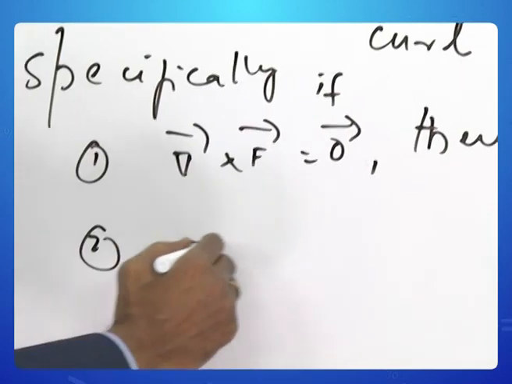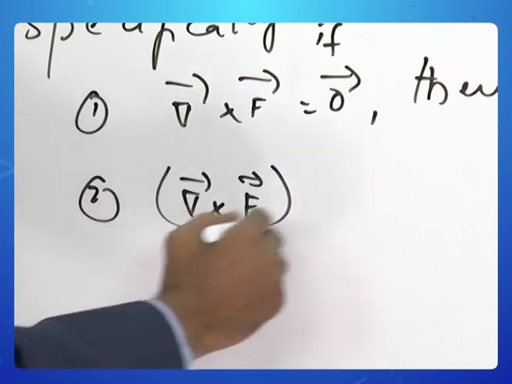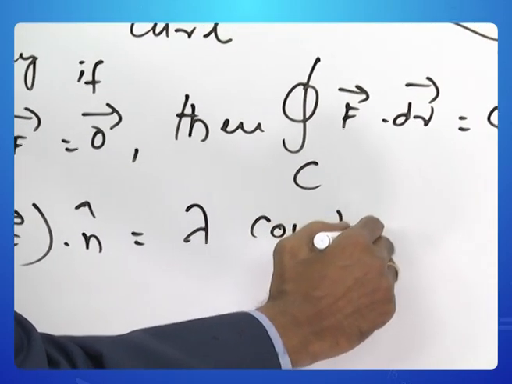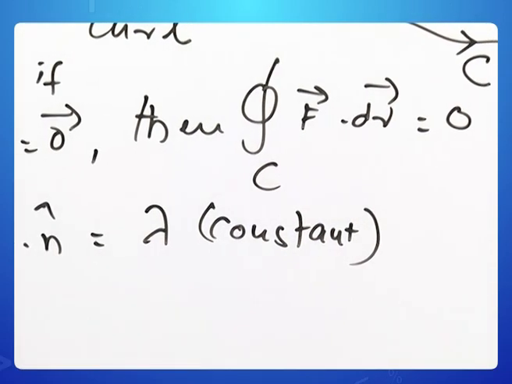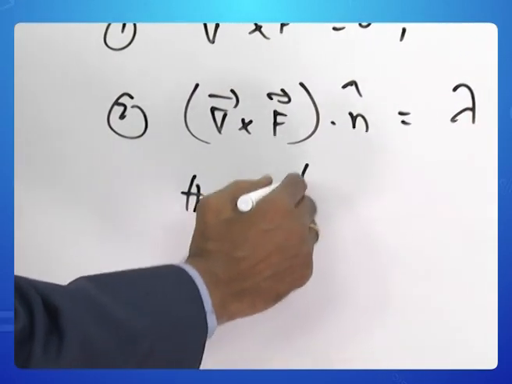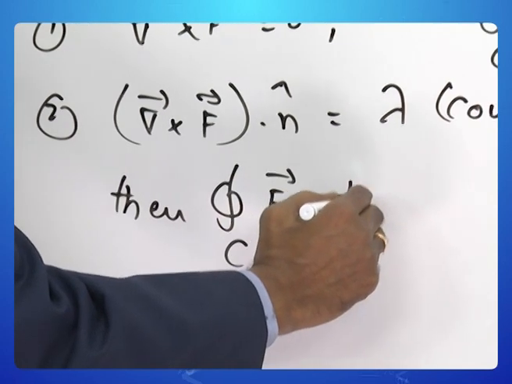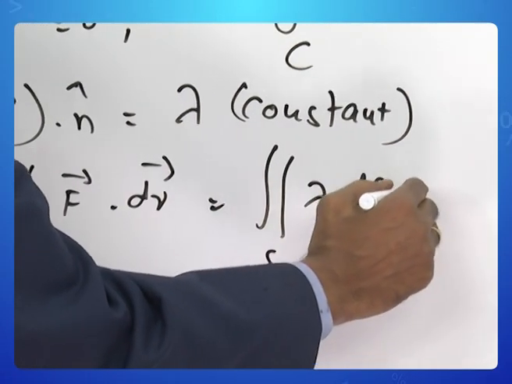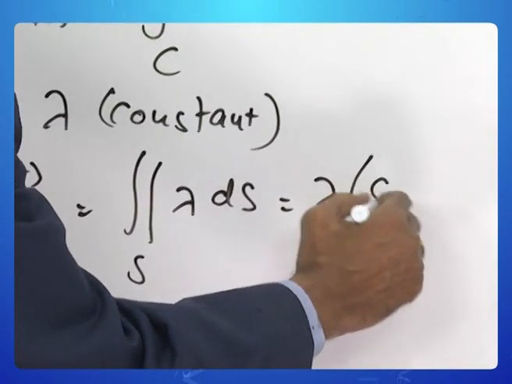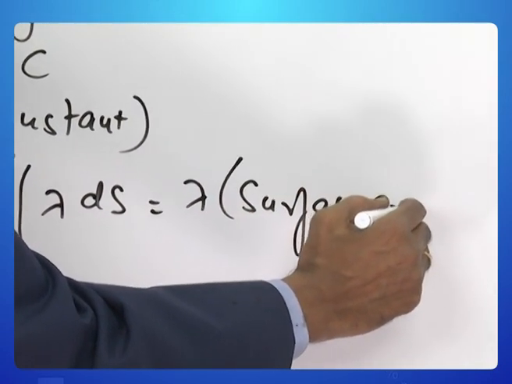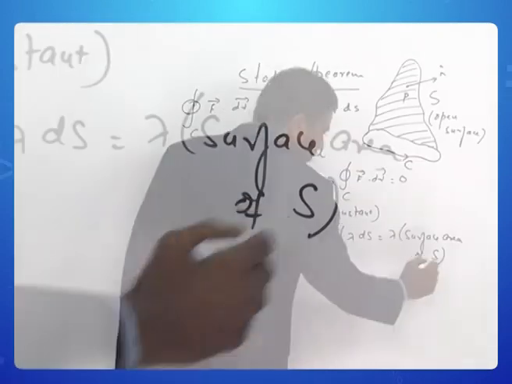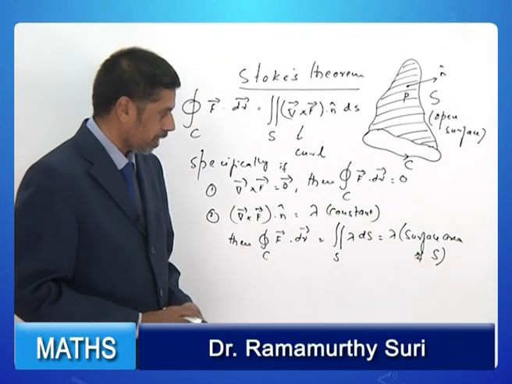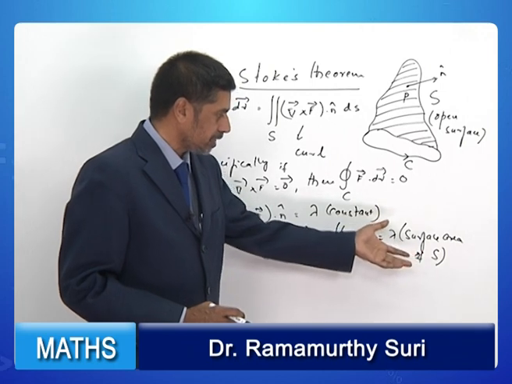2. If curl f dot n cap is some constant lambda, then the closed line integral f dot dr would be equal to the surface integral lambda ds, which is lambda times the surface area of S. If this surface is a known surface like cylinder or sphere or parallelepiped, then you can estimate the surface area straight away.